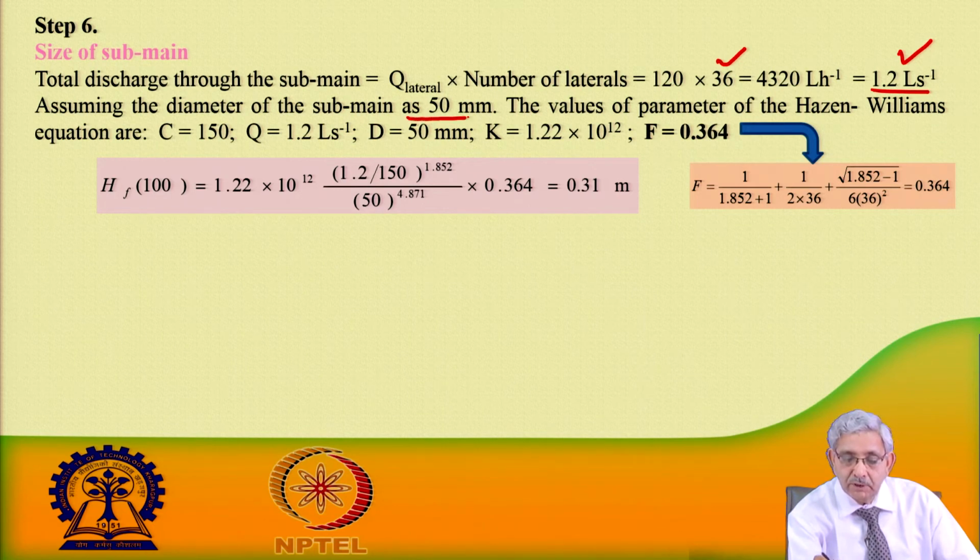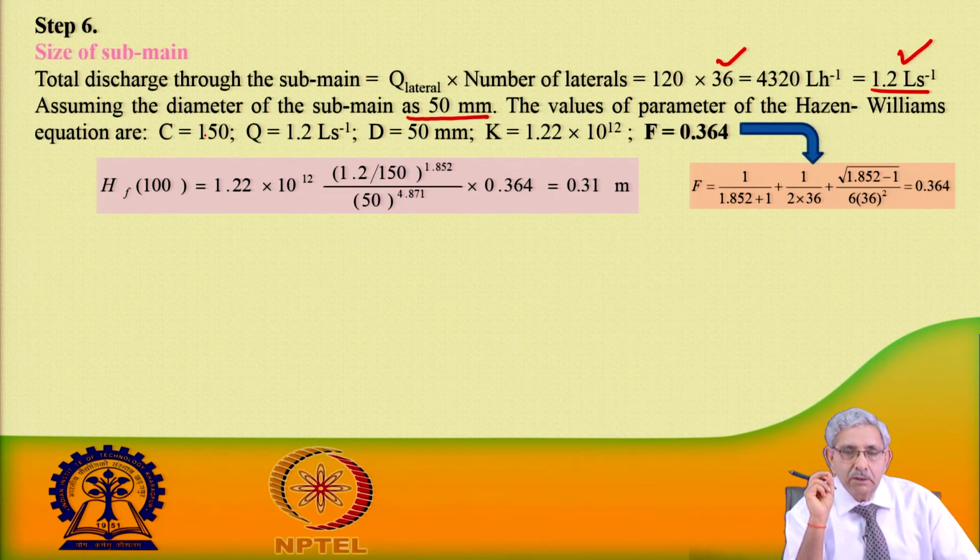Now, if we assume the diameter of the submain pipeline, capital D, as 50 millimeter, these are the values of the parameters of the Hazen-Williams equation. Because the pipe material is not the same, we used capital C as 130 for the lateral, which was LDPE, linear low density polyethylene.